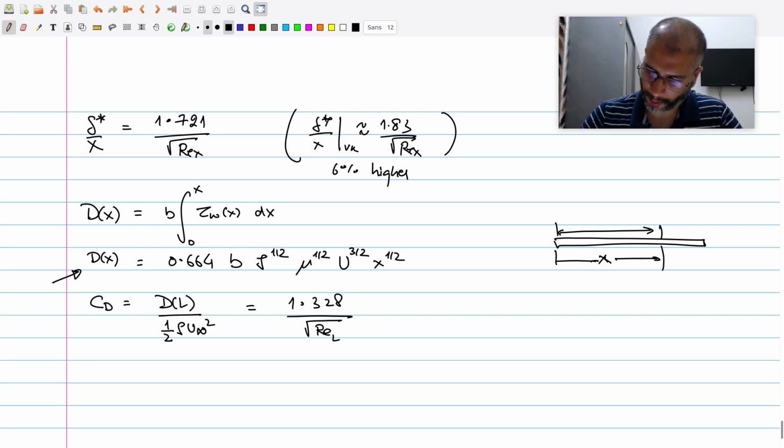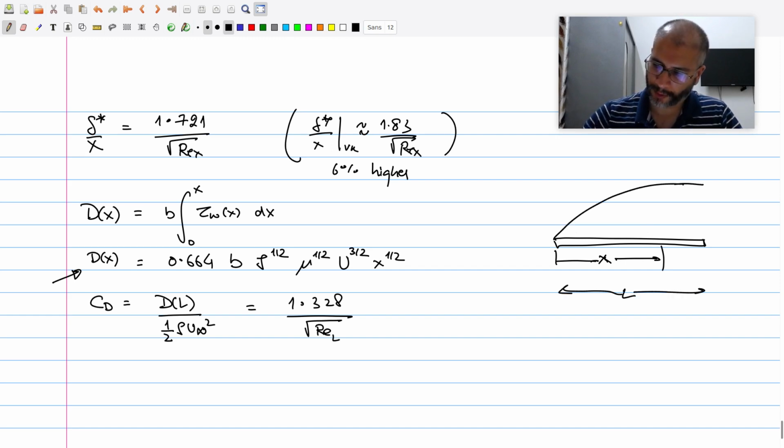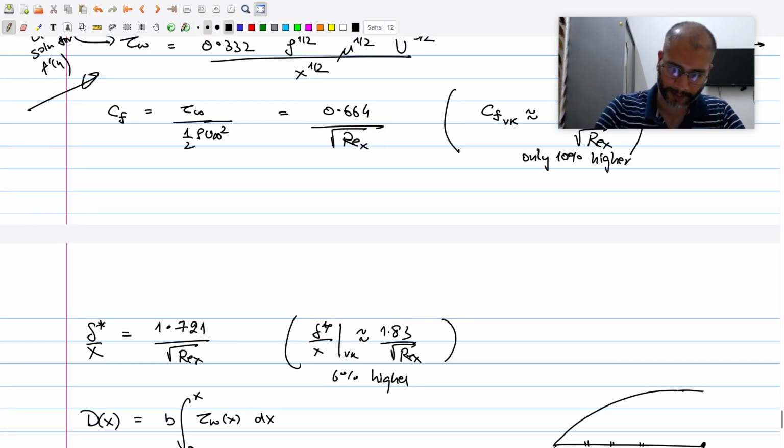The wall shear stress exists in the whole plate region, so this length is L. If I find the wall shear stress and integrate over all thin sections, I'll get the drag coefficient CD. I can also calculate the wall shear stress here, which after non-dimensionalization will give me CF, the friction factor.